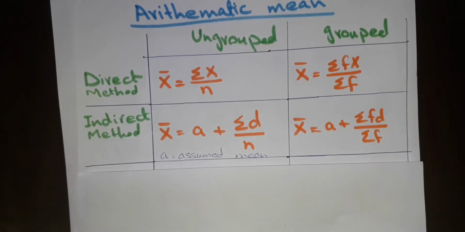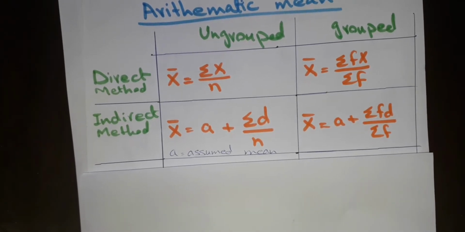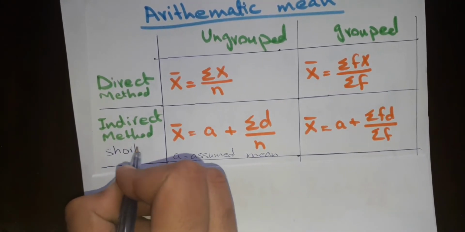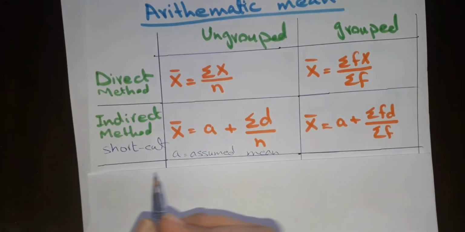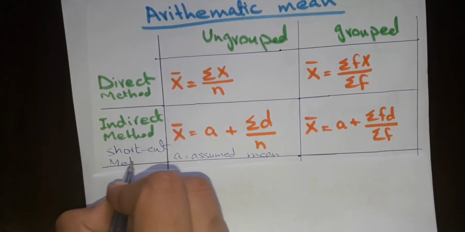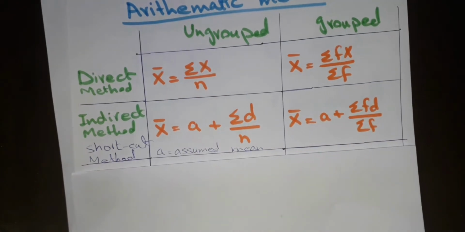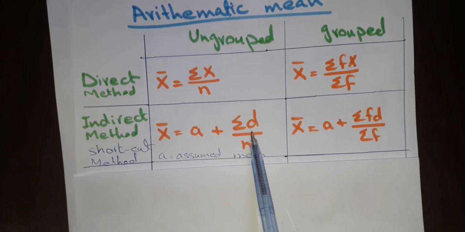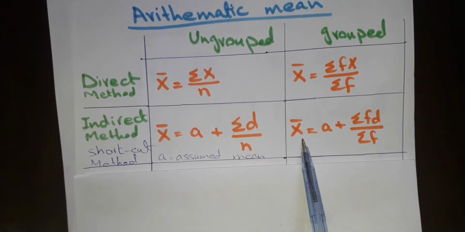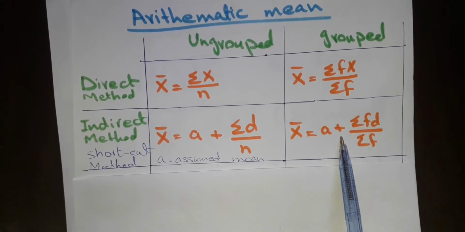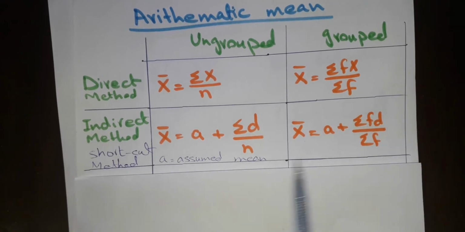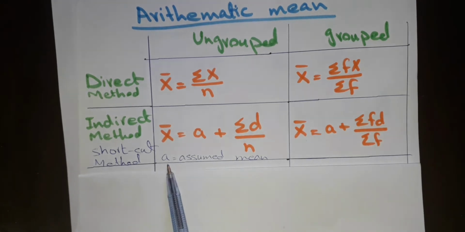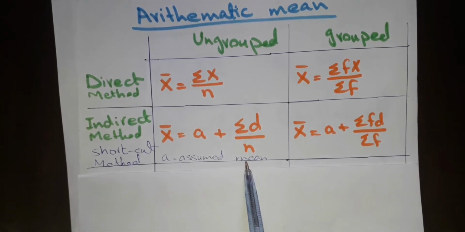Now, the indirect formula, also named the shortcut method. The formula is x bar is equals to a plus summation d over n, and the grouped formula is x bar is equals to a plus summation fd over summation f. Now students, what is the meaning of a? Here a means assumed mean.